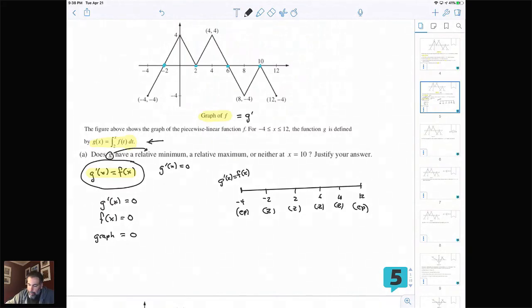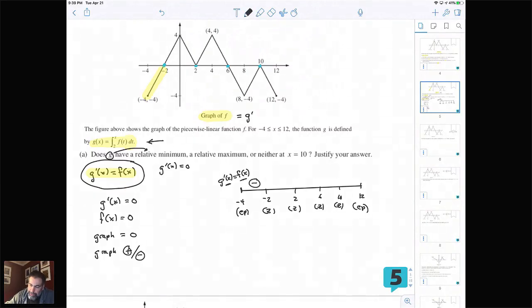So now what I want to do is I just need to ask, where is G prime positive or negative? But we're using F as the link, so we're really asking, where is F positive or negative, which really means we're asking, where is the graph positive or negative? So when I look in the region from -4 to -2, that's from here to here, my graph is negative, so G prime is negative.